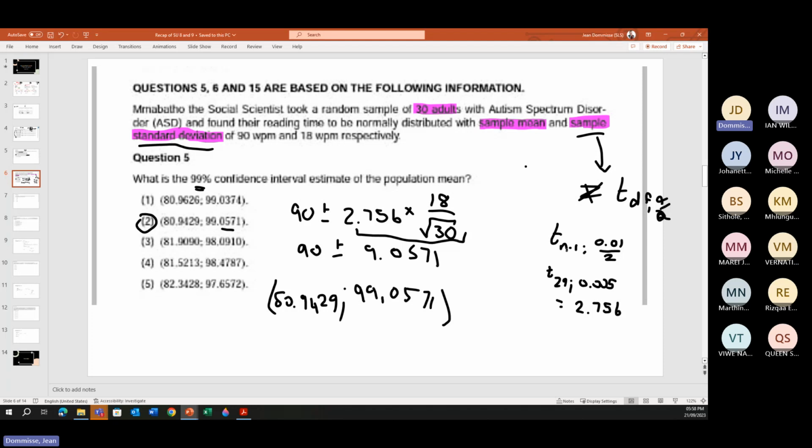It's the degrees of freedom, so n minus 1. And then also very important, alpha divided by 2. And remember, we're working with confidence interval. That is why we say alpha divided by 2. Okay, so that's when we would calculate this one.